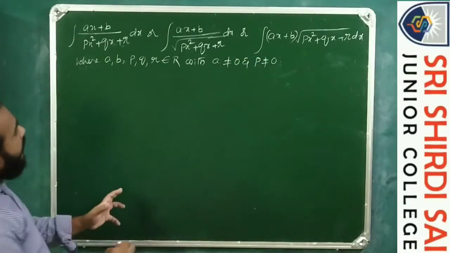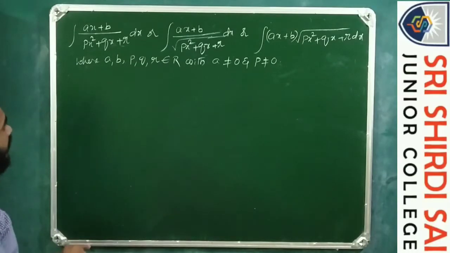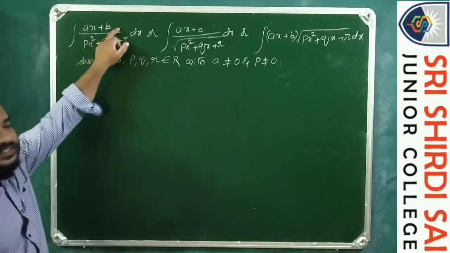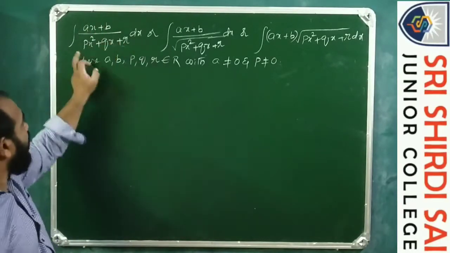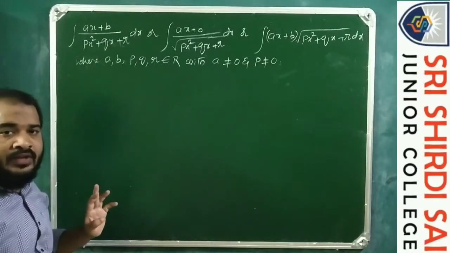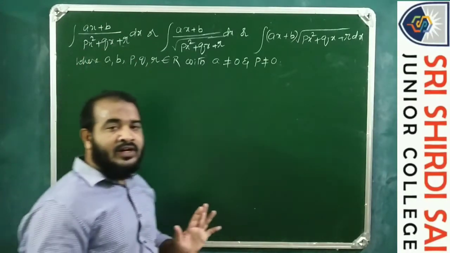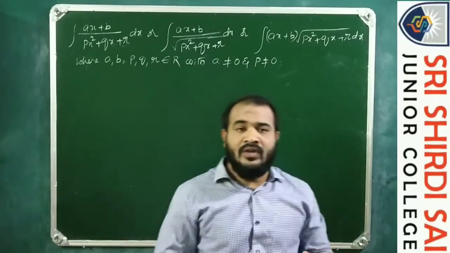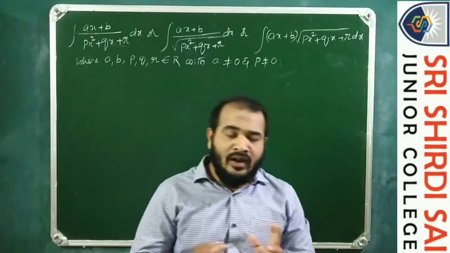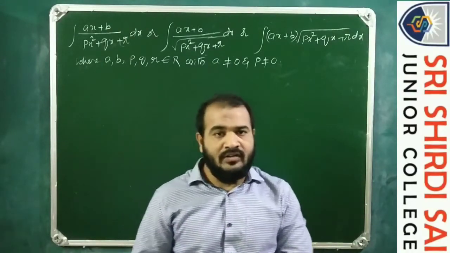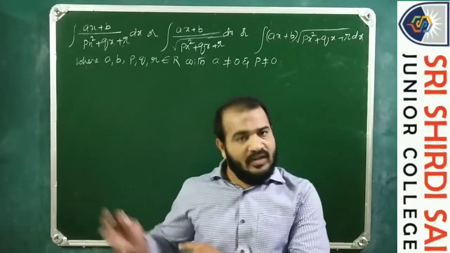So you may understand this in the way that ax plus b is a linear expression and px square plus qx plus r is a quadratic expression. If the integral is the combination of a linear as well as a quadratic expression, then how do we solve? Let us see here.